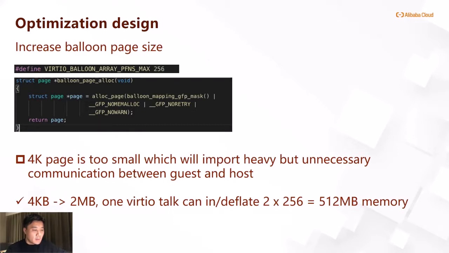If the guest has a few hundred gigabytes or more of system memory, just make a little change to use alloc pages to allocate one large block of memory. For example, allocating 2 megabytes instead of 4K makes the communication much more efficient. One virtio-balloon talk can inflate or deflate 512 megabytes of memory. It can reduce the communication frequency significantly.